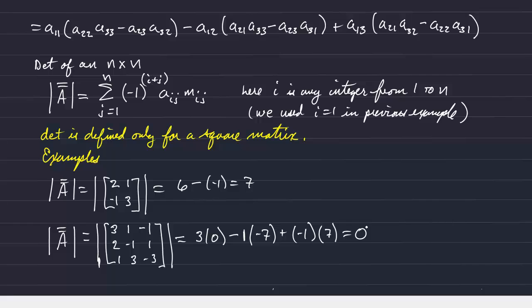Okay, so one interesting aspect of this last case is we got a 0 determinant. One thing you'll notice about this matrix is that if you look at the second column and the third column, the second column is minus 1 times the first column.